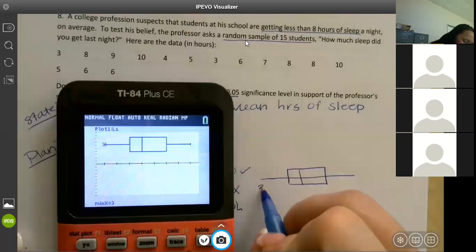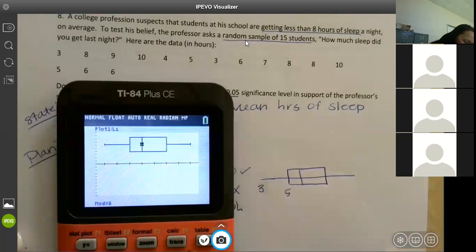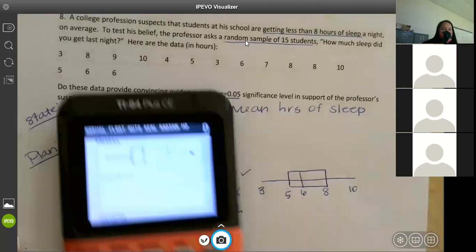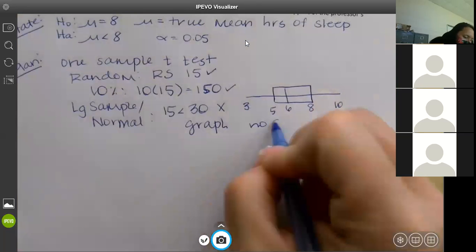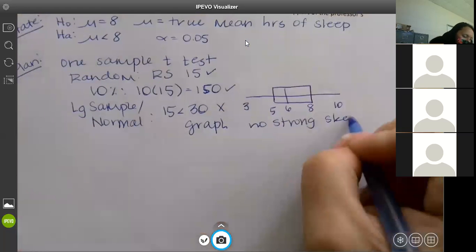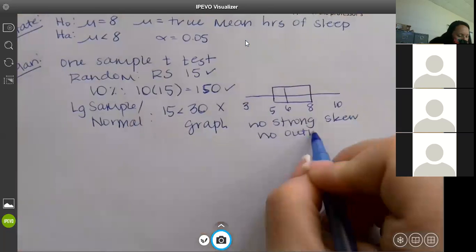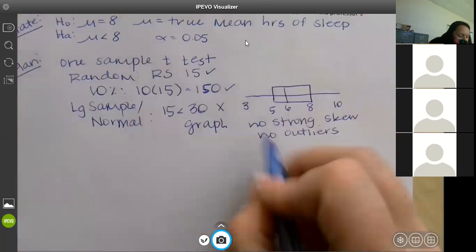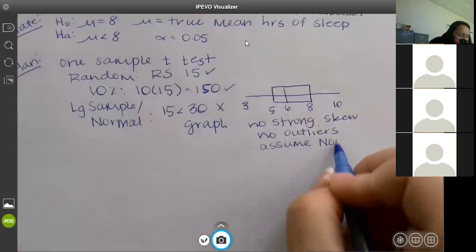And I get 3, 5, 6, 8, 10. Okay. So no strong skew. Biggest thing we're looking for is no outliers. So assume normality.